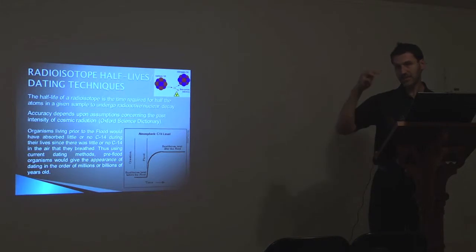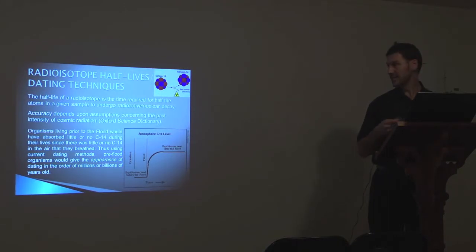So let's say if the canopy theory is plausible or even true in terms of protecting the Earth from the cosmic rays before the flood, much more so than the ozone layer today, we could have expected more impact from the sun and deterioration of our DNA before the flood than after the flood.